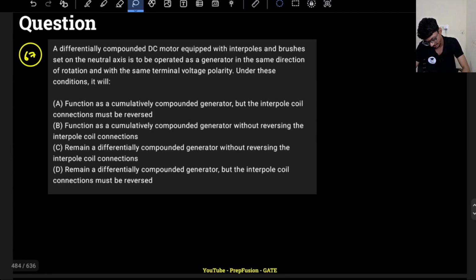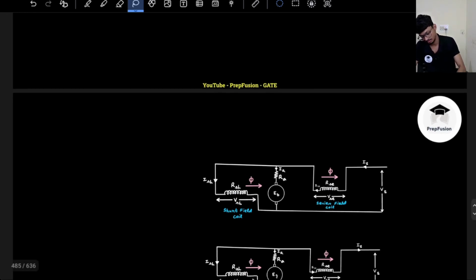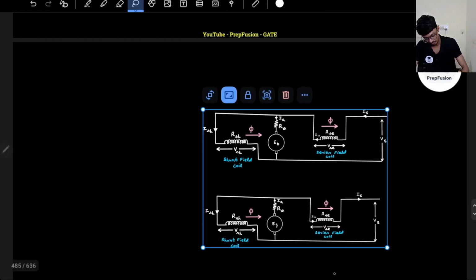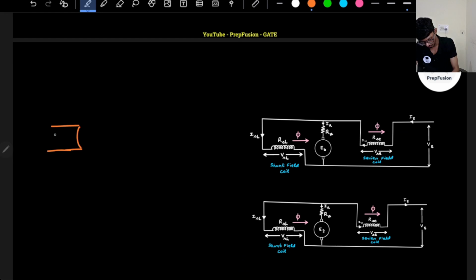So for a motor, with interpoles and brushes on the neutral axis, let me draw a few things. Let me assume a two pole machine. So this is the north pole, this is the south pole, this is the armature, this is the motor.